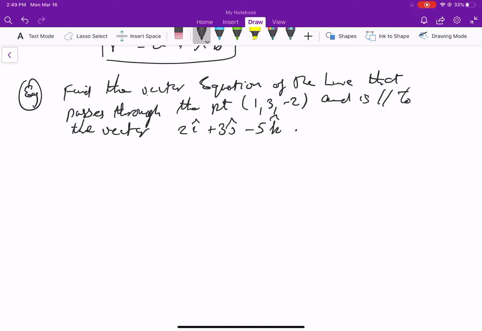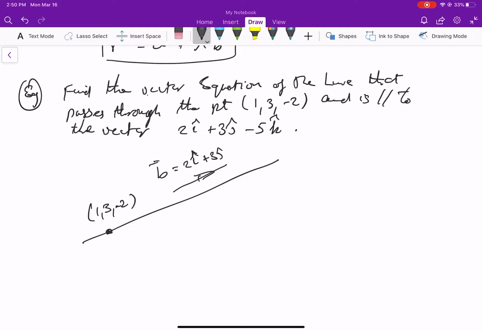This one is kind of simple, because if you draw a line representative of what we're talking about, that is the point through which the line passes with coordinates (1, 3, -2). And they're saying that this line is parallel to a given vector. The given vector we're going to call b, and we're going to label it 2i + 3j - 5k.